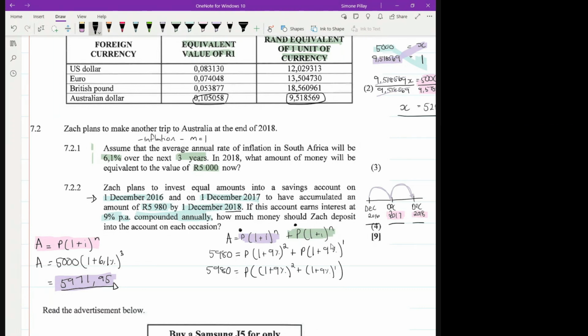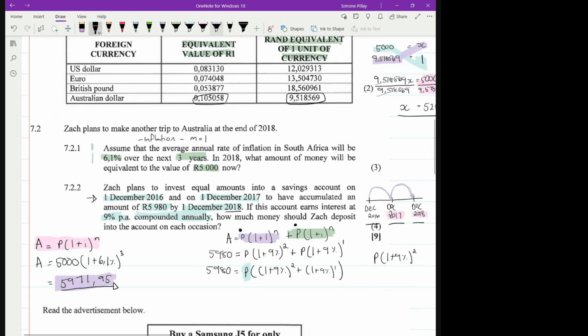Let's look at what we did. Remember, when you take something out as a common factor, all you're doing is taking that term and dividing it by what you take out as a common factor. So if you look at what I did, I took out P as my common factor. Then I take my term, which is P times 1 plus 9% squared.